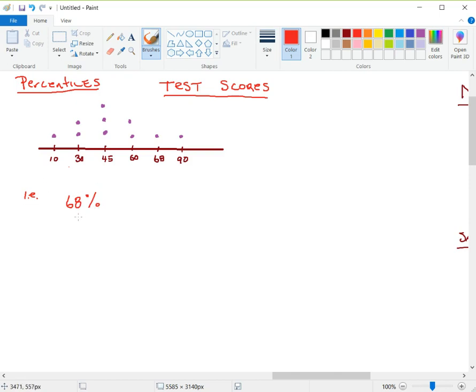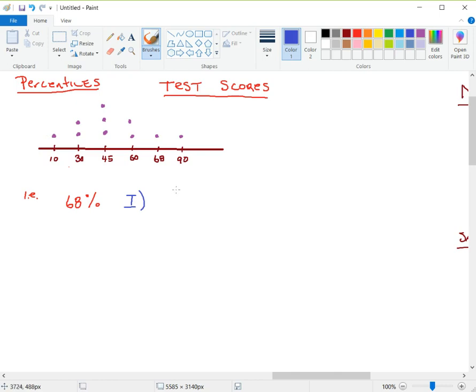The percentile is, and there's multiple ways of calculating this, and I'm just going to point out the two main ways. But the percentile of your score is the percent of scores that are at or below. But often people just represent this as the percent of scores below.